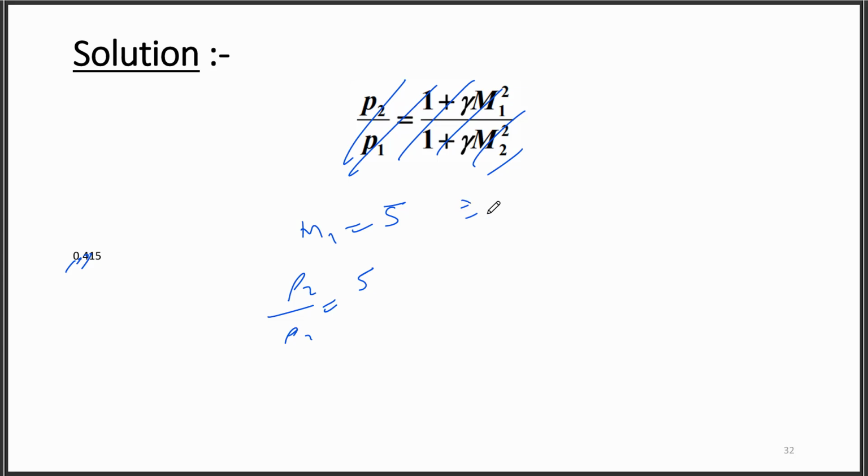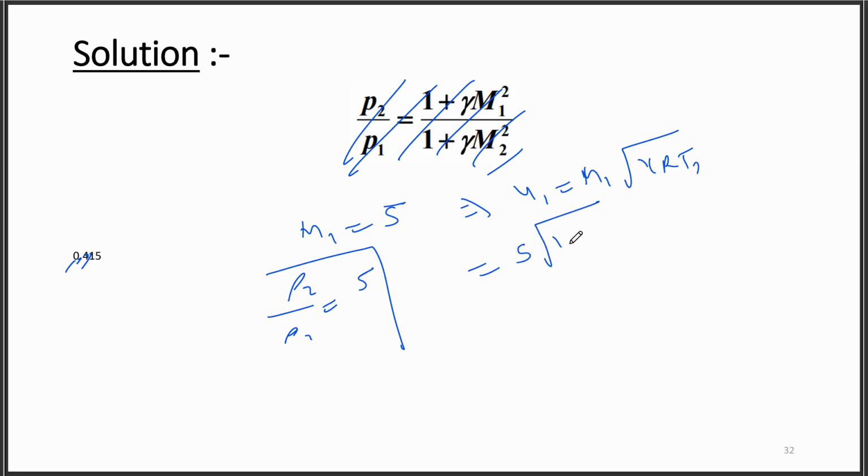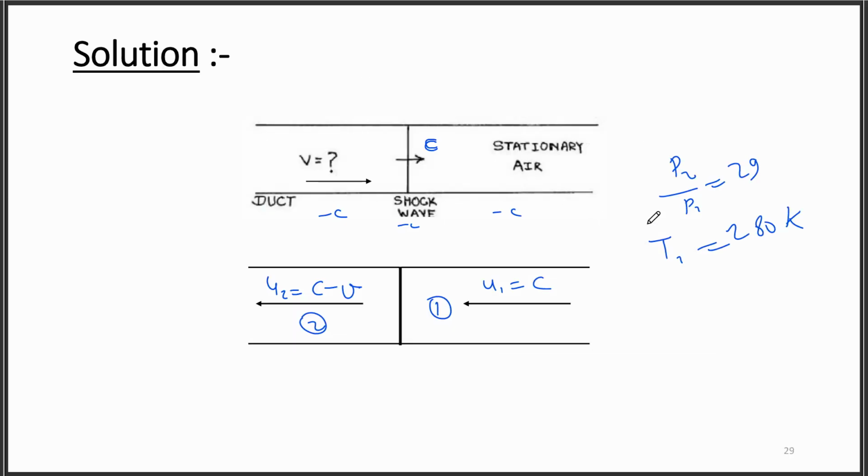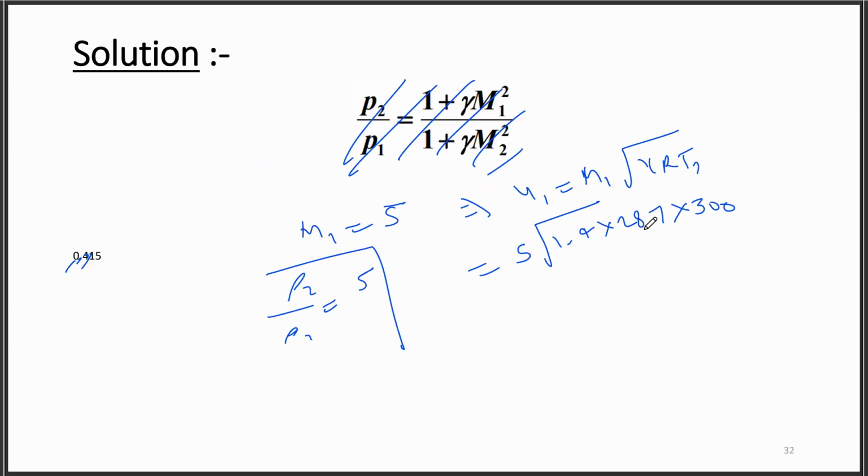So what will U1 be? U1 equal to M1 times the square root of gamma R T1. M1 is 5, gamma is 1.4, R is 287, T1 is 280.